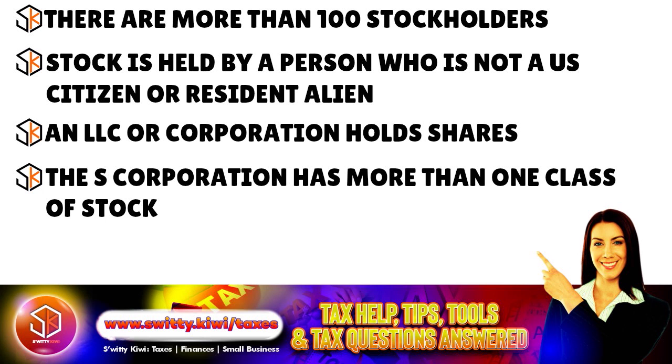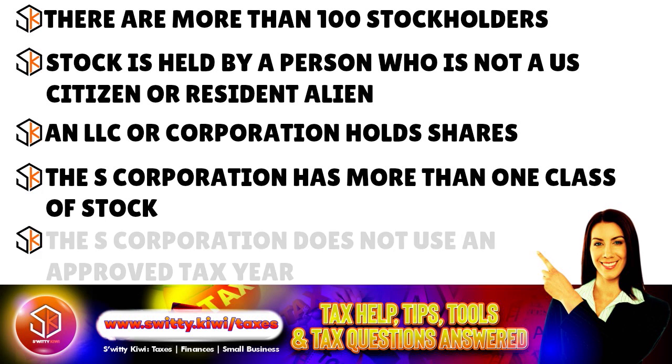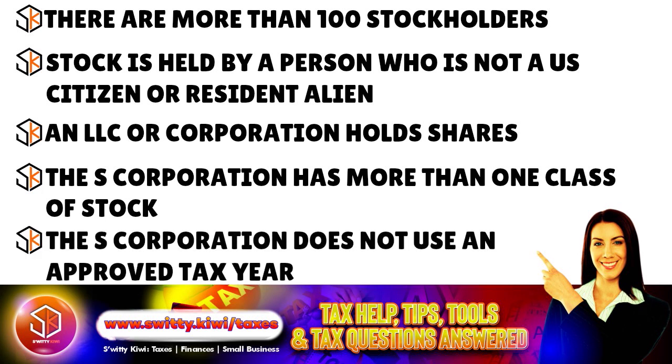I'm just giving you items that could have resulted in automatic revocation. The S corporation does not use an approved tax year, or the S corporation derives over 25% of its income from passive sources for three consecutive years, and passive income is income such as investment income, which is not generated by the corporation's activity.